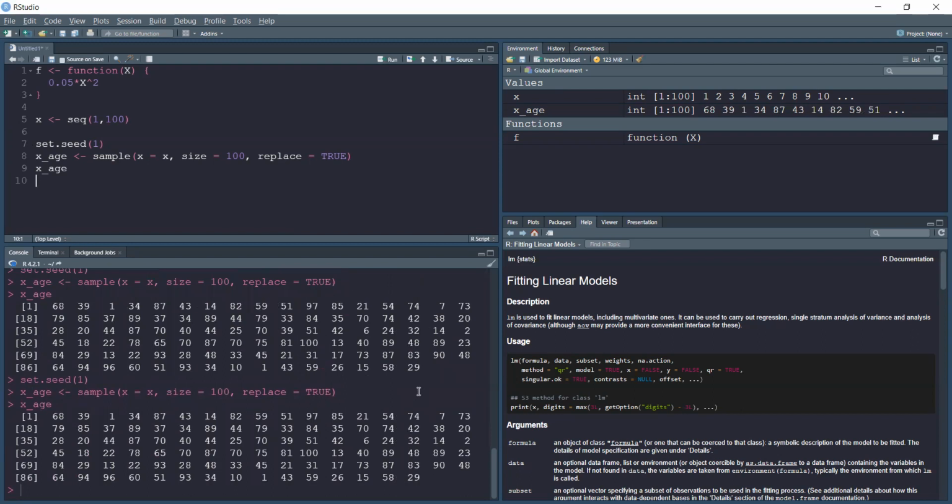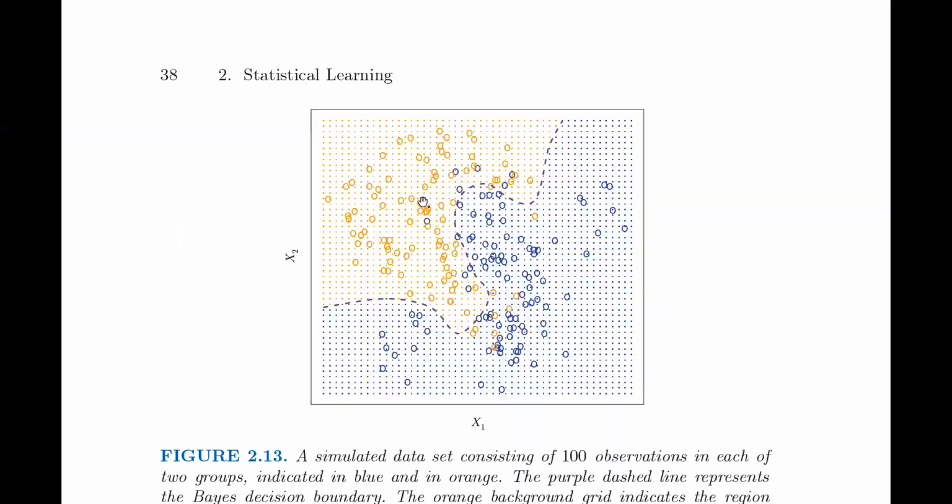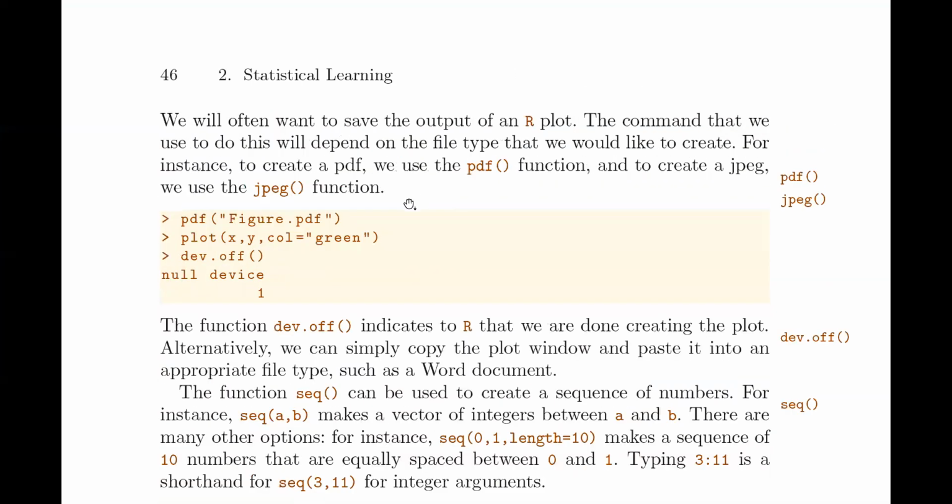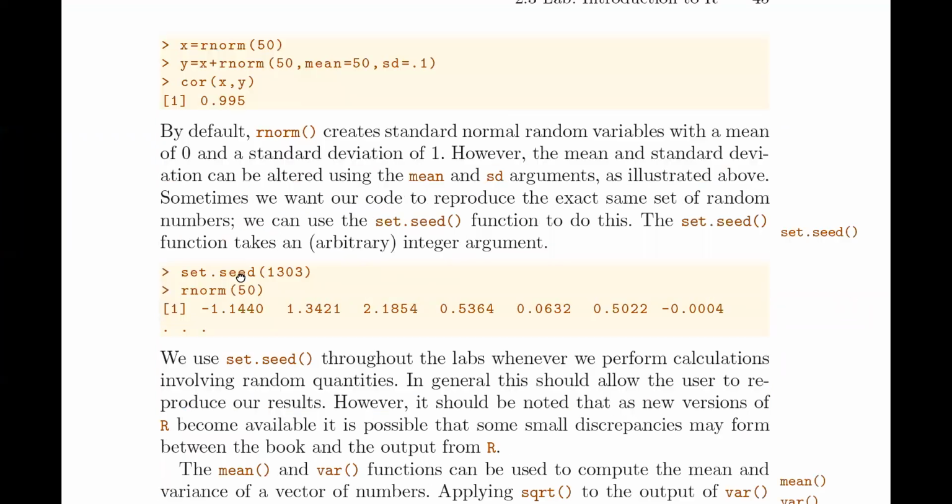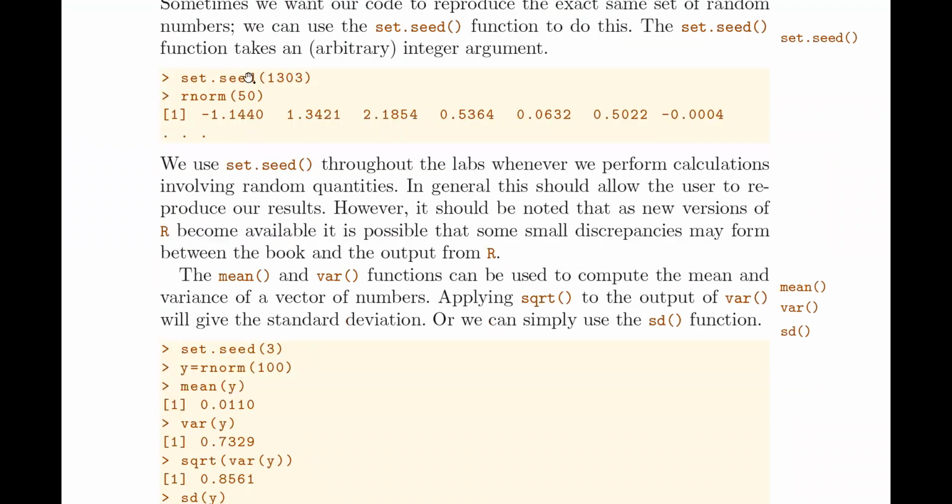This is extremely useful if, for example, you're following a textbook, and this gives us an excuse to already look at the text. When we start the R code, because yesterday I spotted this, set seed 1303. Think of it as a key, and if we're using the same key, then these 50 randomly generated normal distribution values will always be the same and will agree with the textbook.